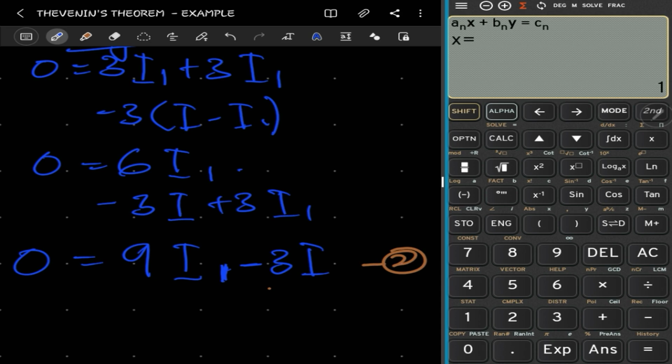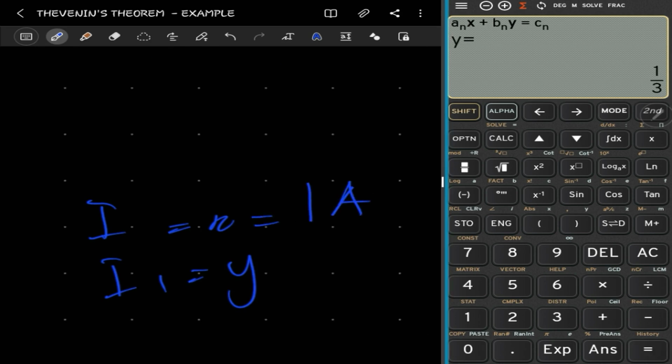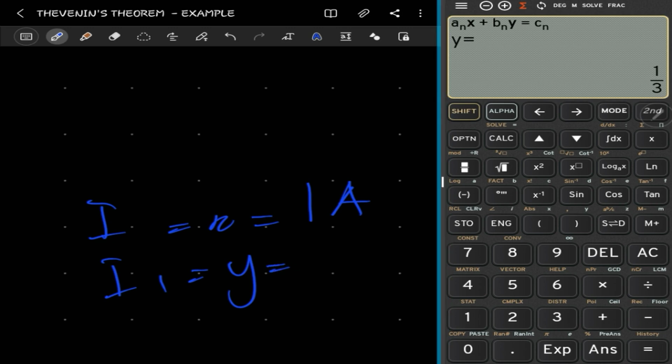So this gives us I as 1 ampere, and our I1 is 1 on 3 amperes.